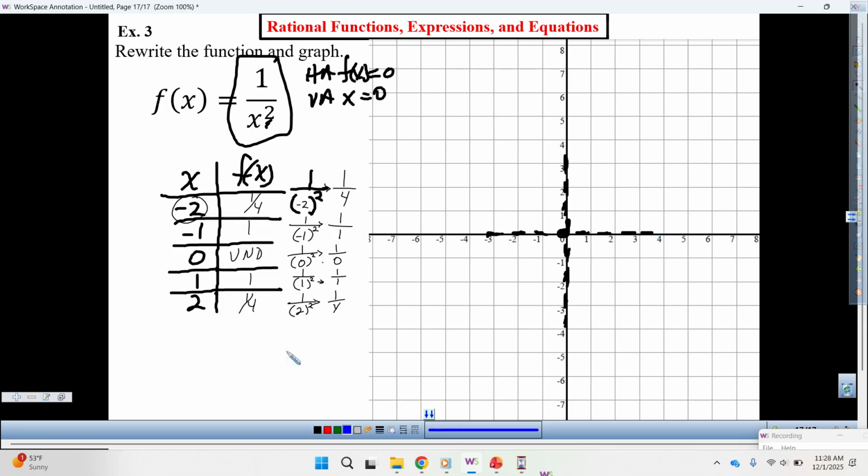Here we go. -2, 1/4. -1, 1. And now the next one is undefined, so that means we're done with the left side, so we graph our little curve. Go to the other side. 1, 1. 2, 1/4.